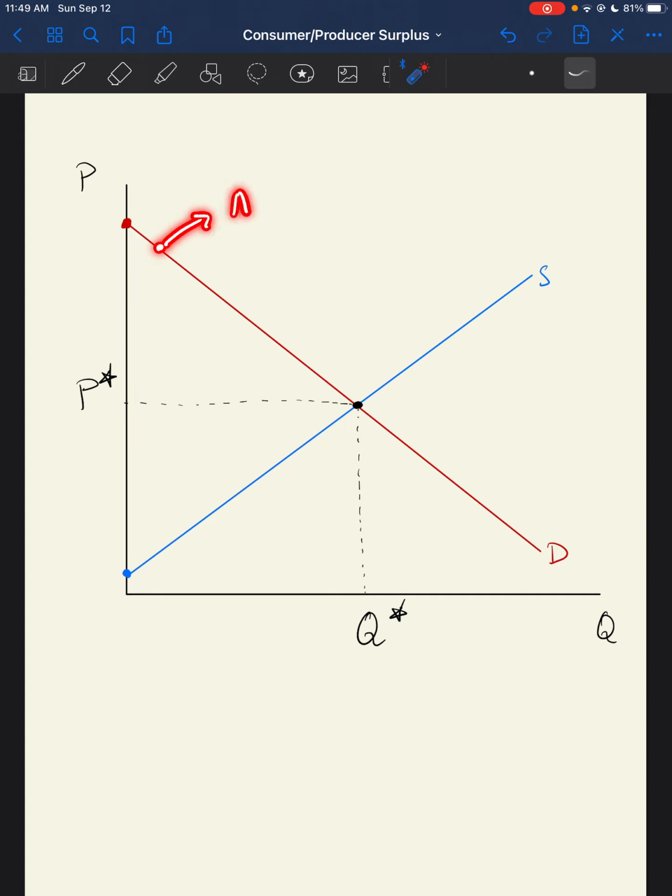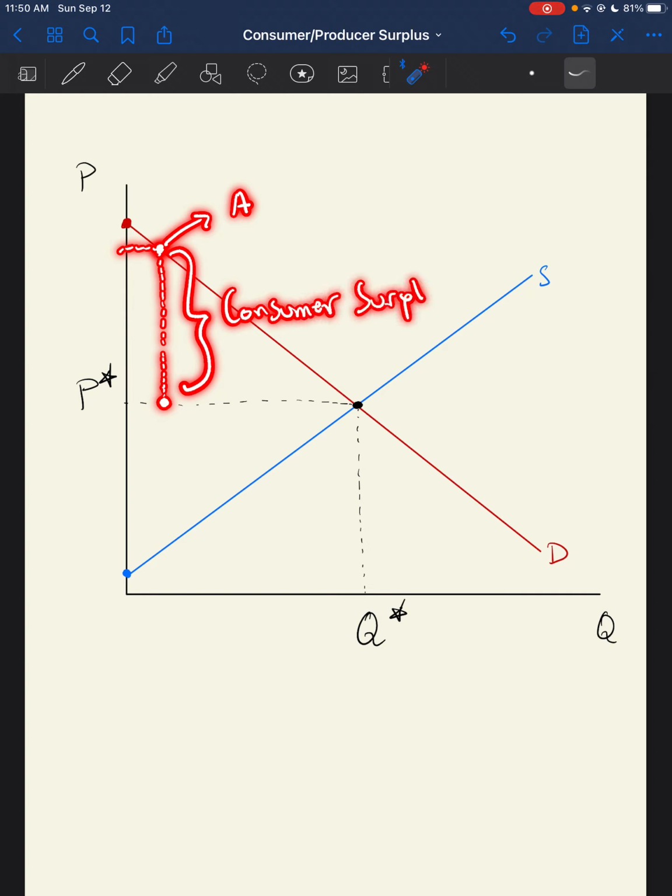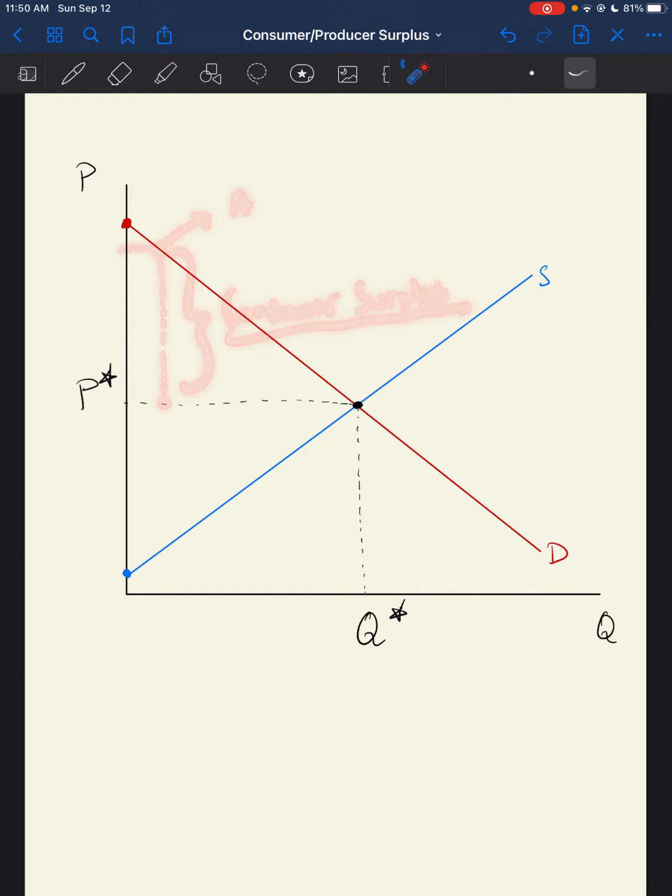We'll call this guy consumer A. Well, consumer A's consumer surplus is the difference between his willingness to pay, which is this price level, and the market price. Okay, so the difference between that point and this point on the y-axis, this is his consumer surplus. Okay, so this is individual A's consumer surplus.